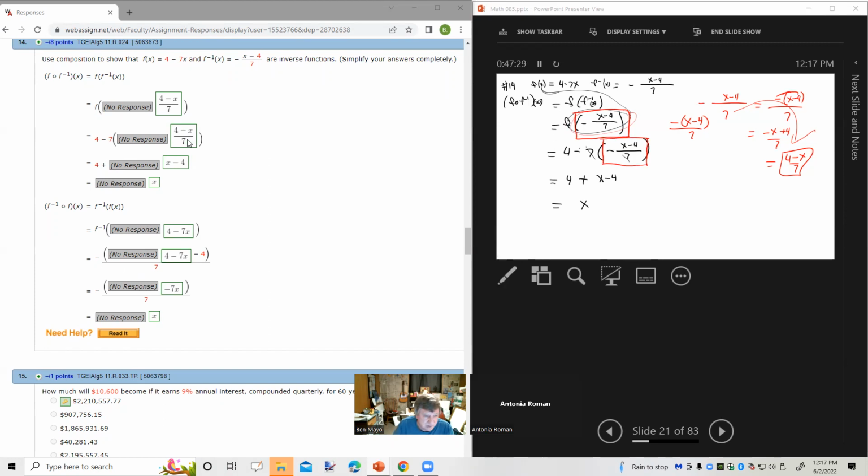They put that in the box because they, again, made the simplification, okay? Then the next box, it's 4 plus whatever, what I've got, and then finally equals x. All right with that?